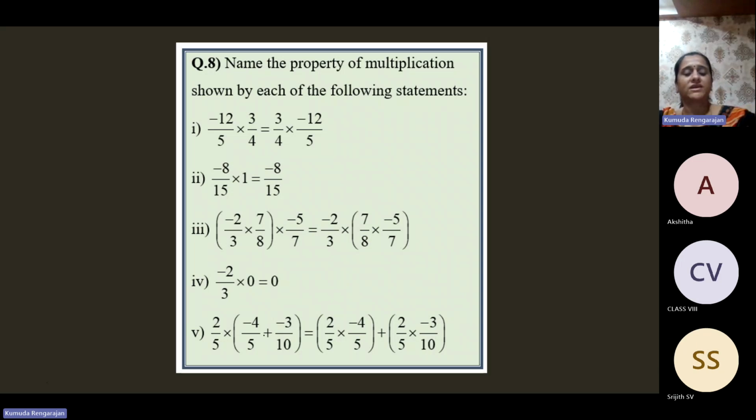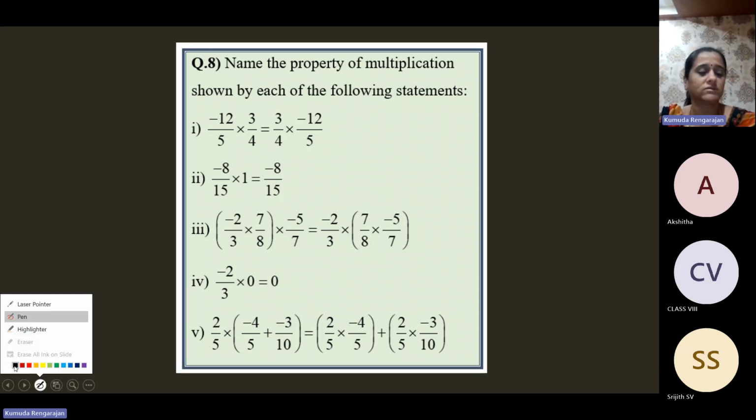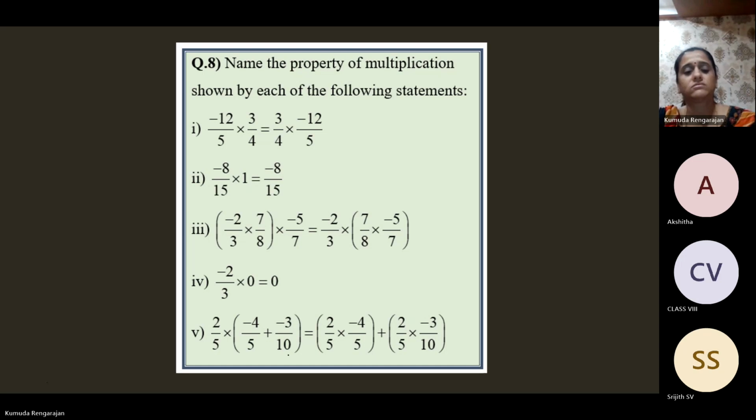Okay. Can anyone say the property for the last one? Associative property of multiplication, ma'am, distributive property of addition of rational numbers, ma'am. You're right, but not completely right. You missed one important term.